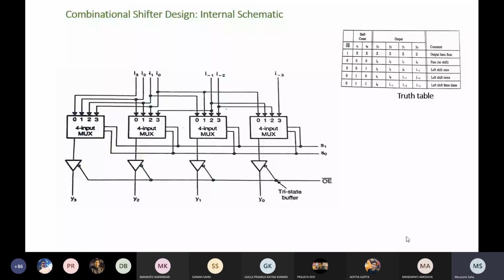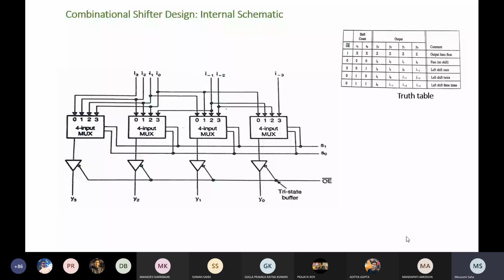So in that way, on line 0 of all the multiplexers you connect I3, I2, I1, and I0. I hope you understand. This is the first step, for S1 and S0 equal to 0 0. Now the second step.